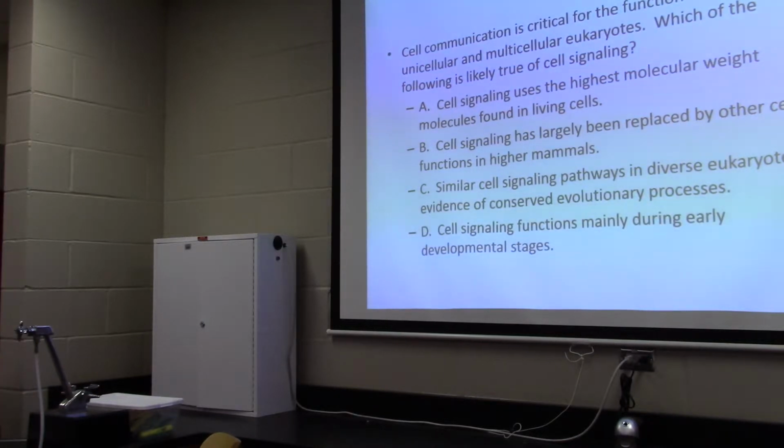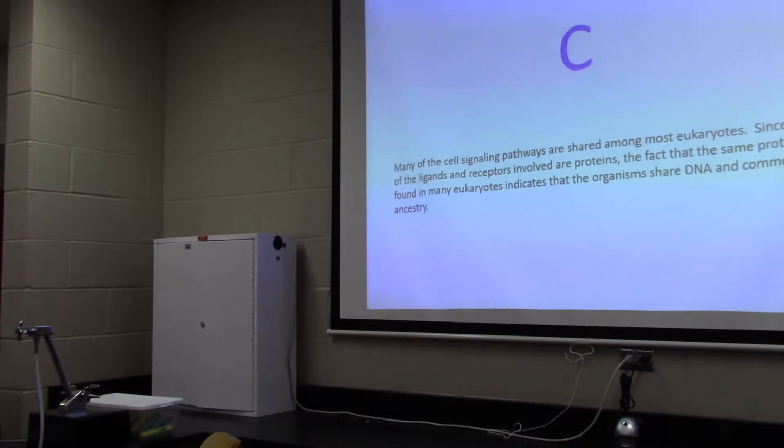What codes for your proteins? Yeah, I heard it. Nice. DNA, which means somewhere down the line you shared a common ancestor. Many of the cell signaling pathways are the same throughout all eukaryotes. That's important. We had a question like that on our test about evolution. Good.